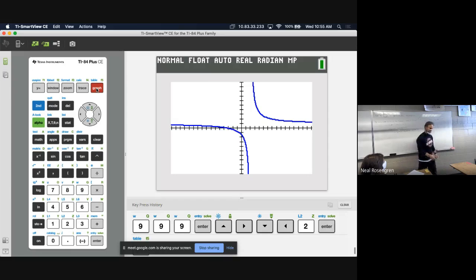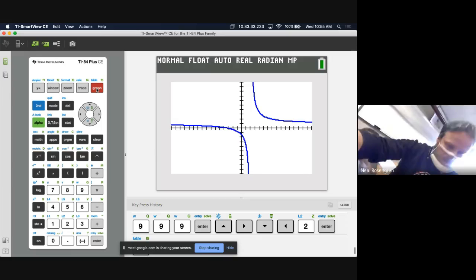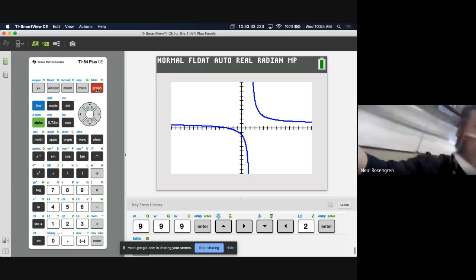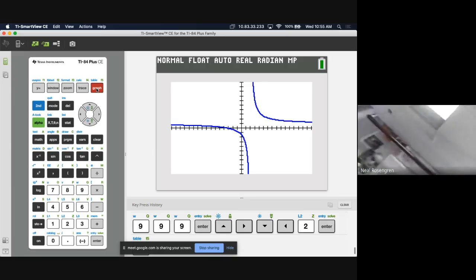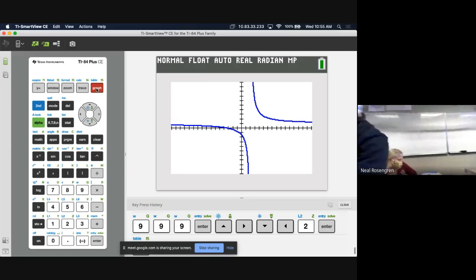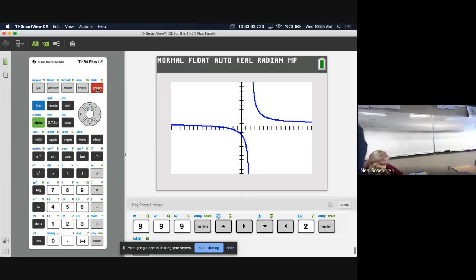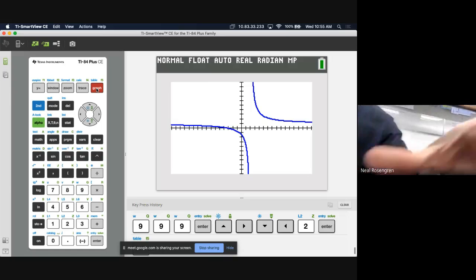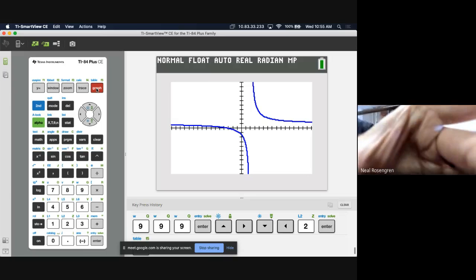If I wanted to write down the excluded values, it's really just x can't be 2.